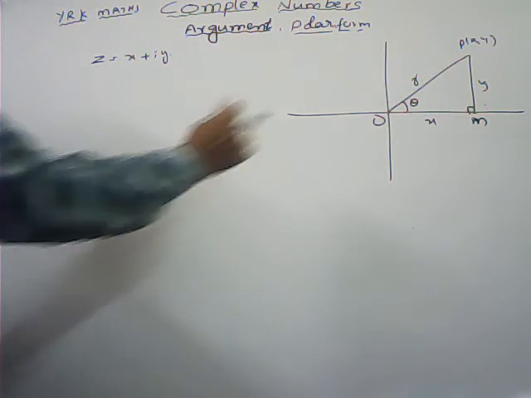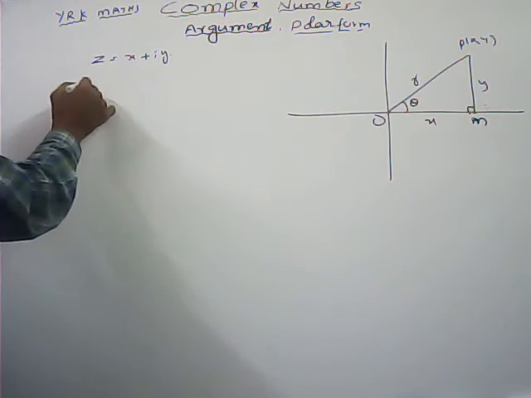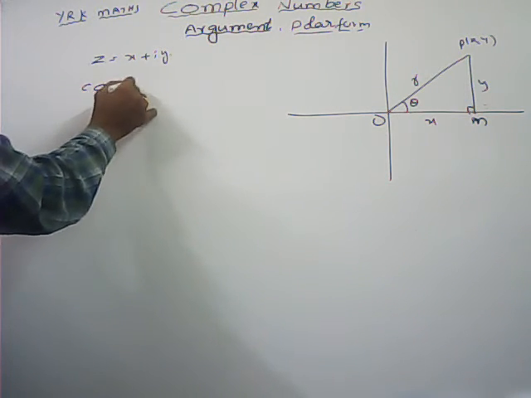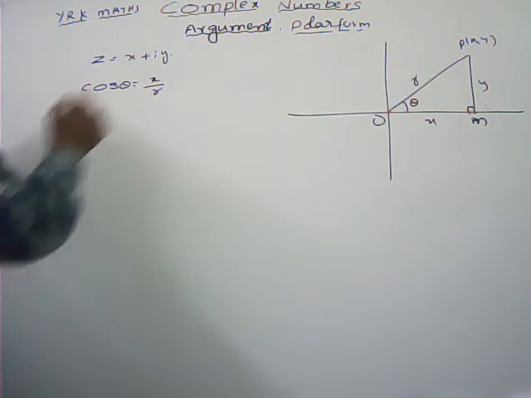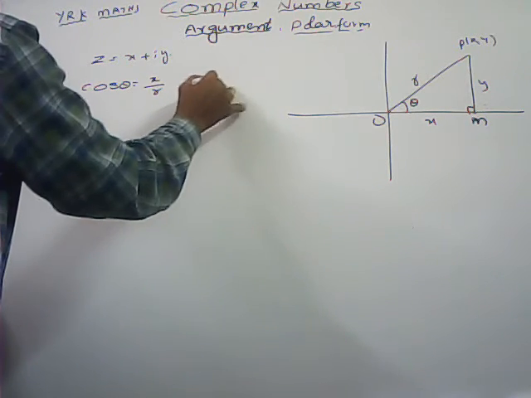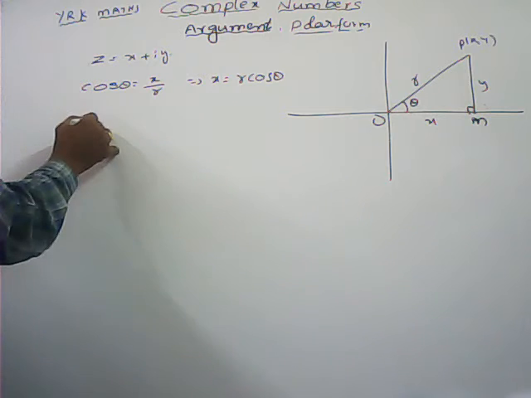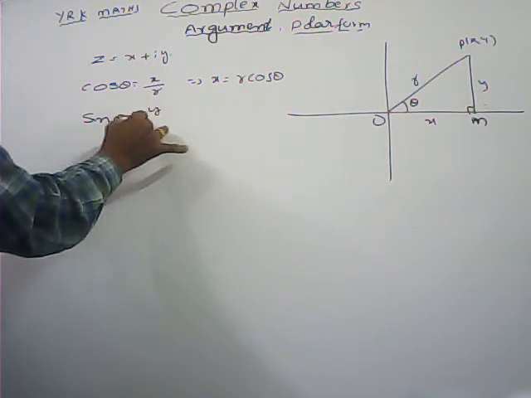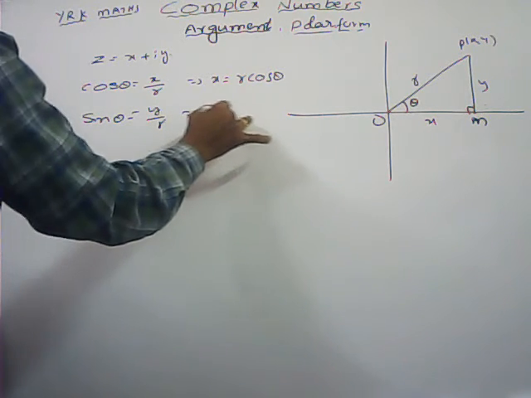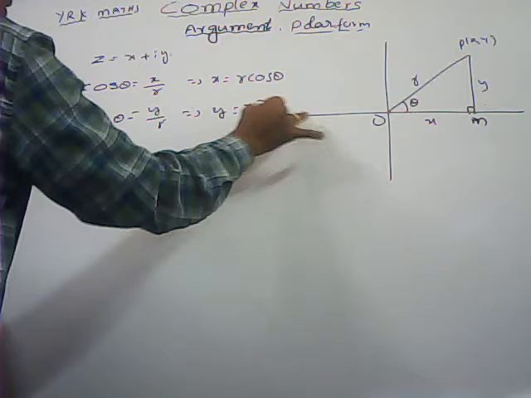Now in this triangle, cos theta is equal to adjacent side by hypotenuse, that implies x equals r cos theta. And sin theta is equal to y by r, that implies y equals r sin theta.